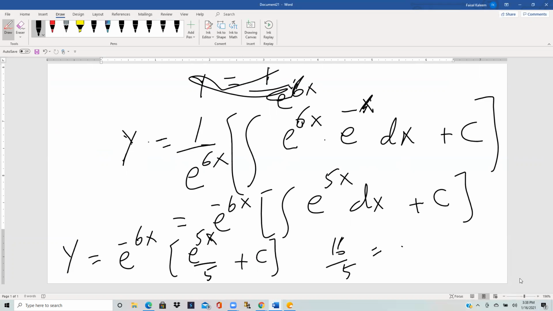So you get e power 0 over 5 plus c. Now e power 0 is 1. So that is just 16 over 5 equals 1 over 5 plus c.